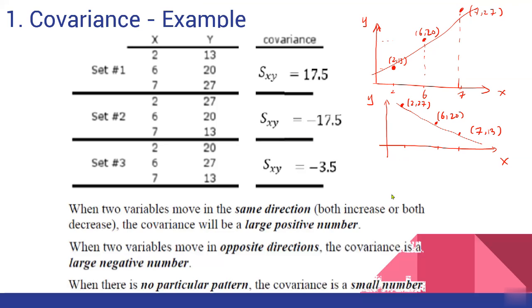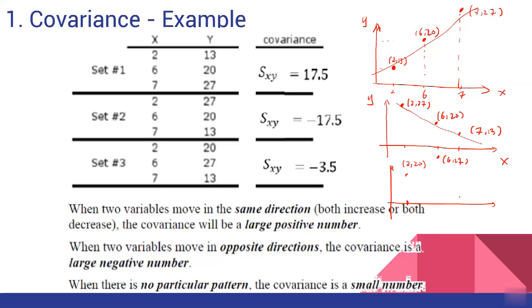Okay, the third one, if we plot this, you can see that first it will have a 220. Okay, suppose 220 here. Next one, you get a 627. 627 is about here.